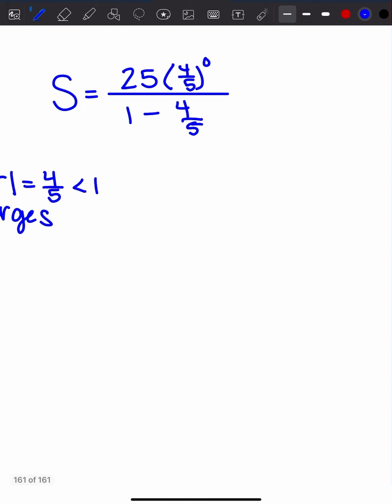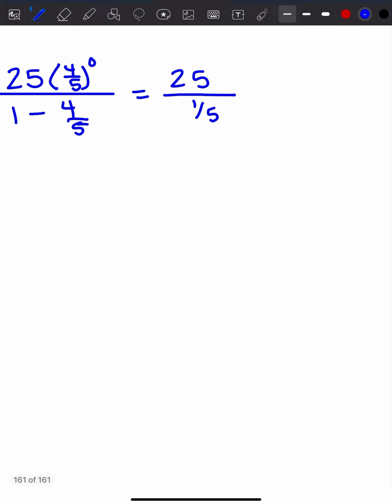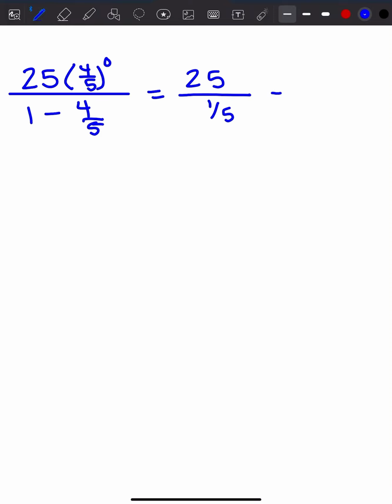Well, 4 fifths to the 0 is 1. 1 times 25 is 25, so I have 25 divided by 1 minus 4 fifths, which is 1 fifth. So we are going to do 25 divided by 1 fifth, which is the same thing as 25 times 5. This is equal to 125. And that would make sense because it's 25 more. It's adding that one extra term to the one we just found.